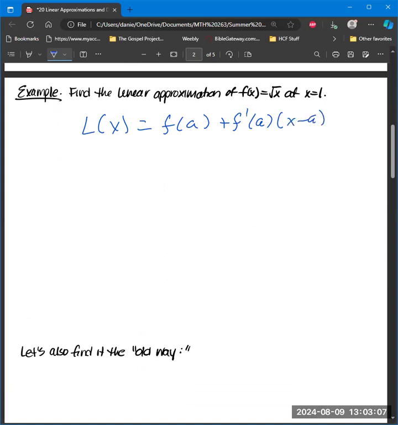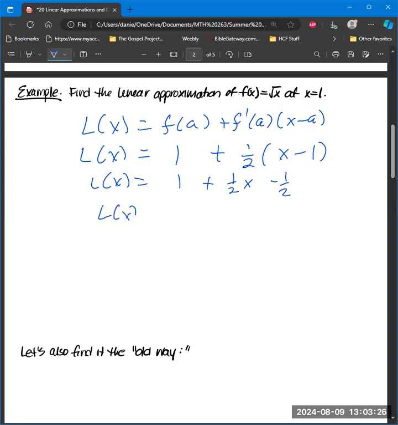That's really the same thing that we were doing. So our L of x is equal to f of a, which was 1, plus f prime of a, which was 1/2, times x minus 1. L of x is equal to 1 plus 1/2 x minus 1/2. L of x is equal to 1/2 x plus 1/2. And we already did it the old way. See previous page.